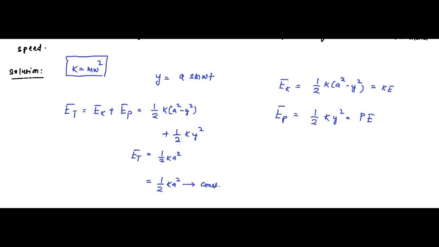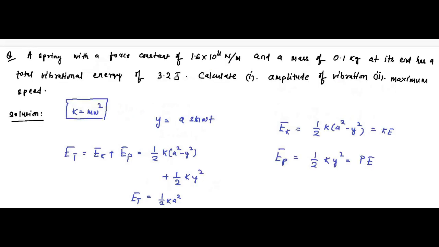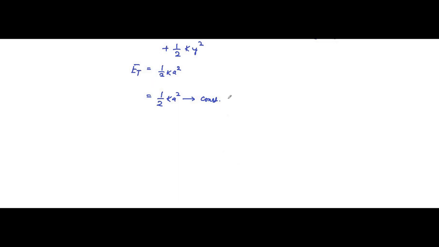Here it is given that this constant energy value, the total vibrational energy, is equal to 3.2 joules. That implies 1/2 k A² is equal to 3.2. Here k is 1.6 × 10^4 Newton per meter, the spring constant.